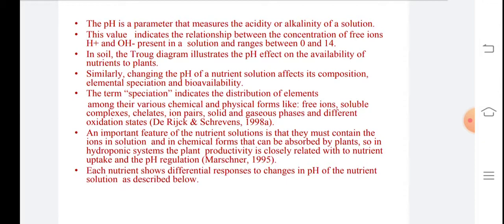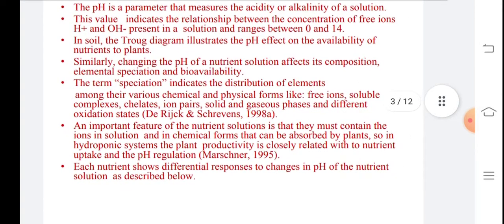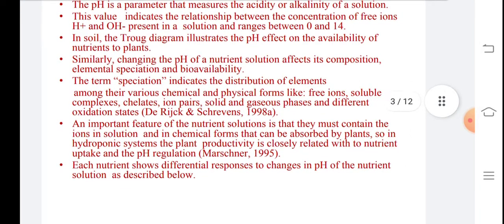Similarly, pH also determines the elemental speciation and the bioavailability to the plants. The speciation indicates the distribution of elements. It is like when we take an injection for a particular disease, it goes to that part. Like this, pH plays an important role here.